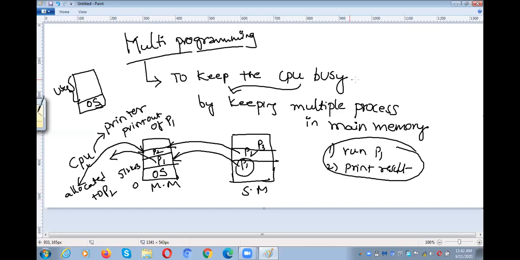What is process 2? For example, read the information from a file. Read the information from a file.